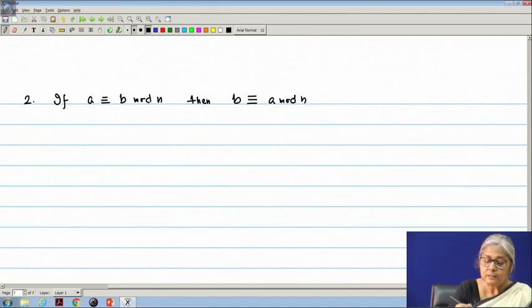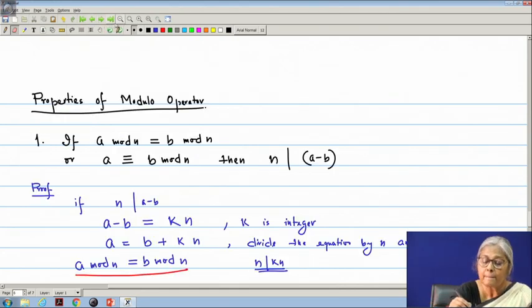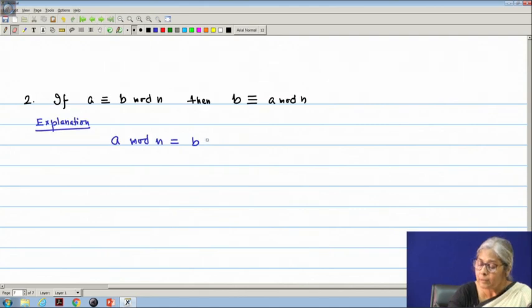And the explanation, I should say explanation instead of proof, because it is mainly coming from the definition of modulo, the way we have done, that congruent is a mod n equal to b mod n.